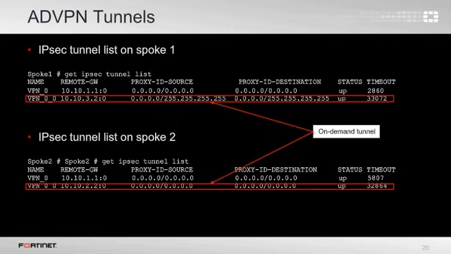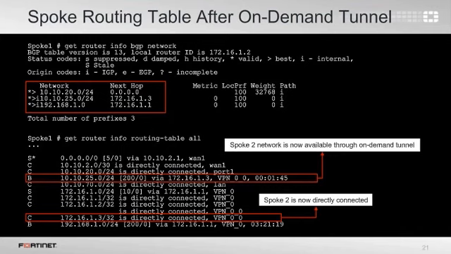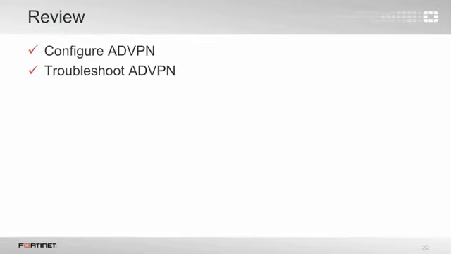This slide shows the routing table after the on-demand tunnel is open. We can confirm that the network of Spoke 2 is directly accessible using the on-demand tunnel VPN_0. In this lesson, you learned how to configure ADVPN and troubleshoot ADVPN.